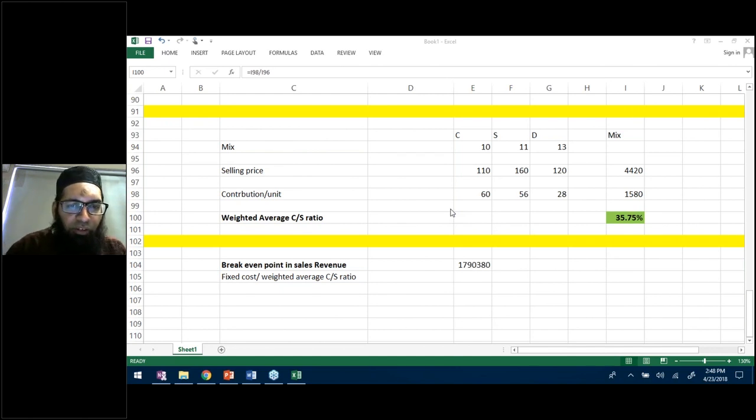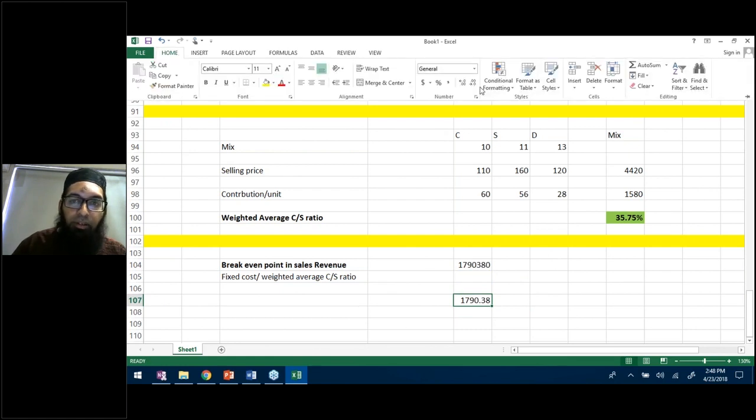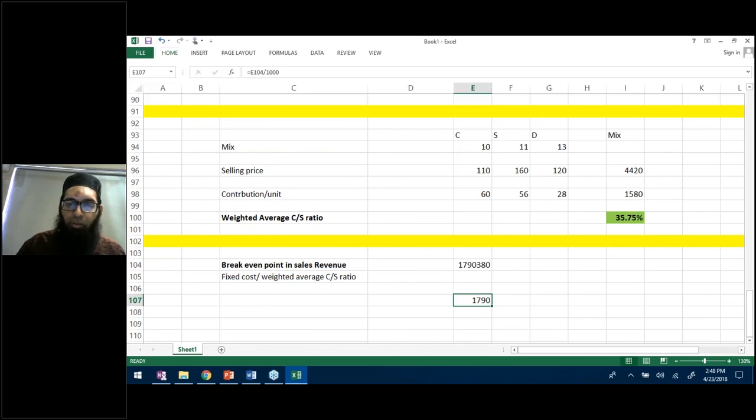One of the students has asked, if the question states give answer to the nearest thousand, would the answer be 1,790,400 or 1,790,000? Here, if you have been asked to round off your answer in $1,000, especially in the spreadsheet, what you are simply going to do is divide it by 1000 first of all, and then round it off.